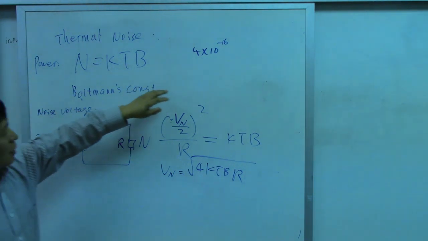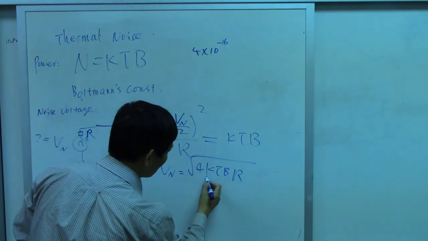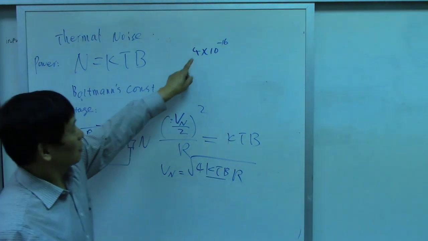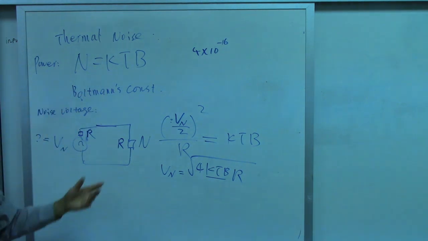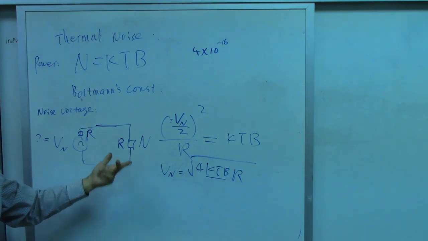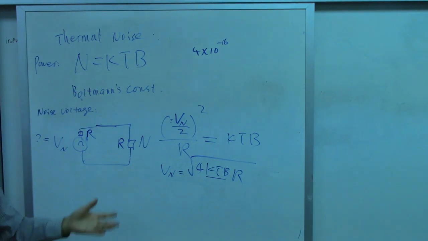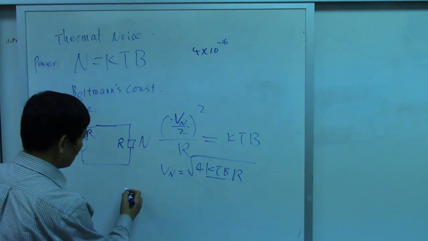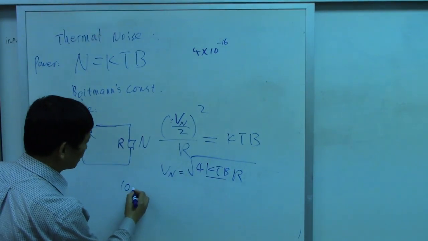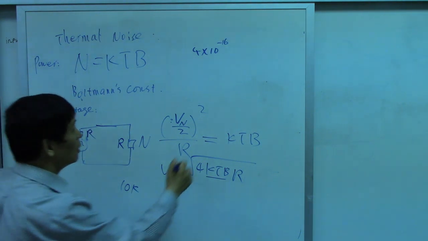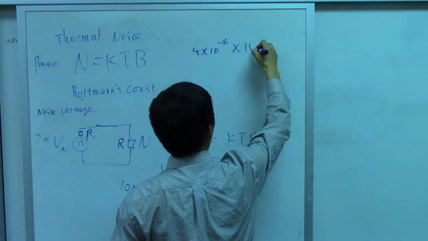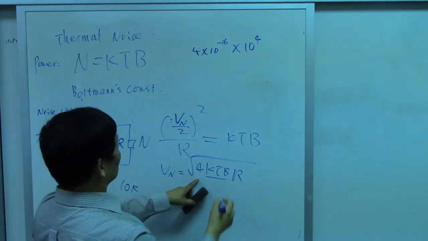Now we use this as an example here. We know KTB is like 10 times 10 to the negative 16. And the R is the input resistance of the communication system. For example, suppose we use 10K. Right? We just made up some numbers. Anyway, that's the resistance. So this one will be times 10K, means 4 here. Then times another 4 here.